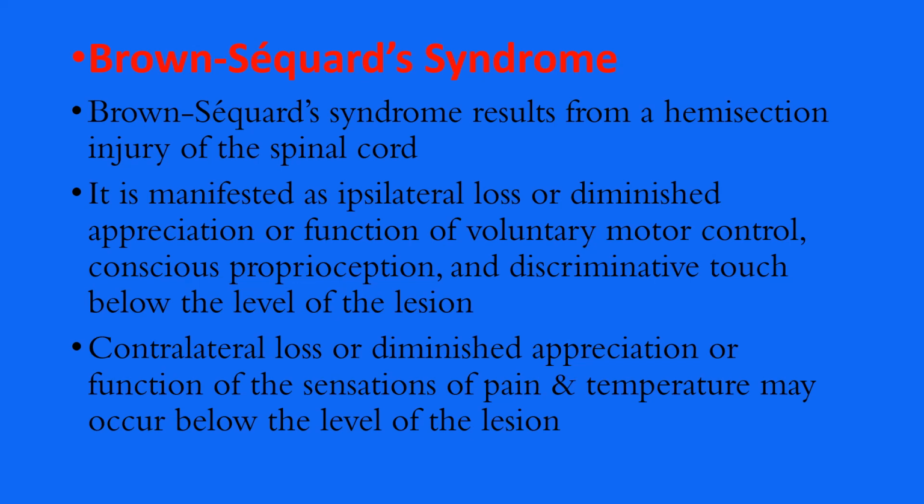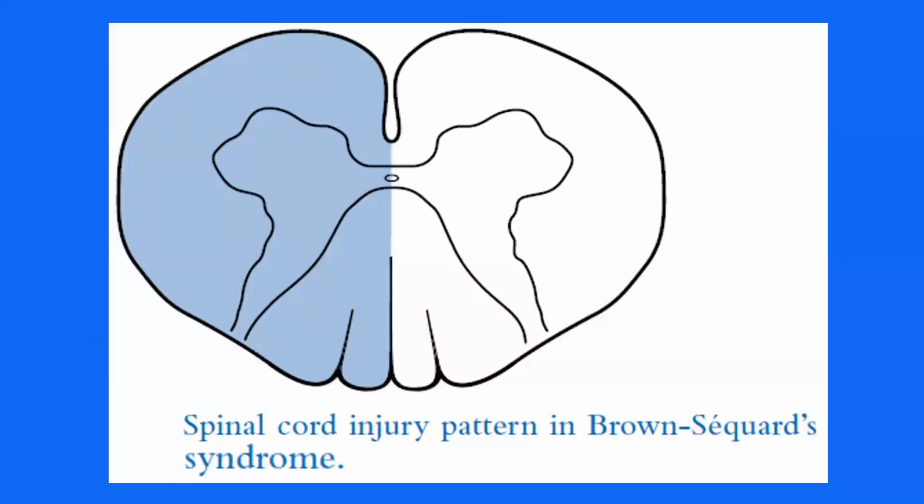So it's a contralateral loss or diminished appreciation or function of the sensation of pain and temperature below the level of the lesion. This is a hemisection of the cord, a Brown-Séquard syndrome.